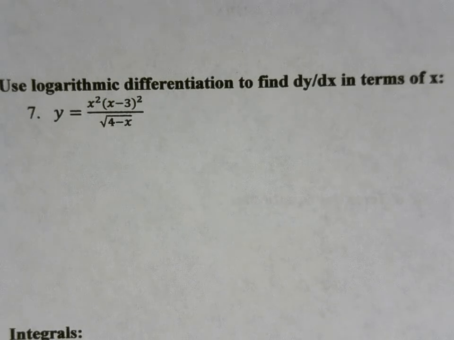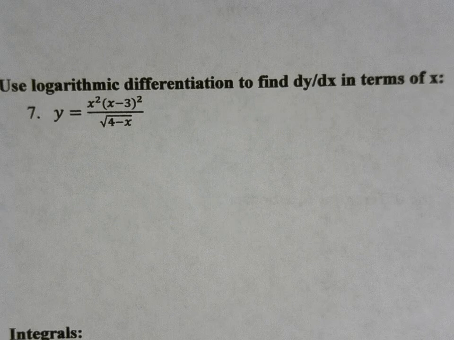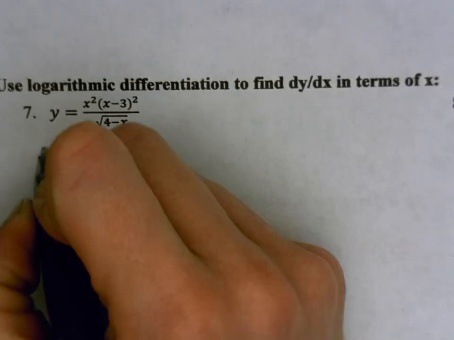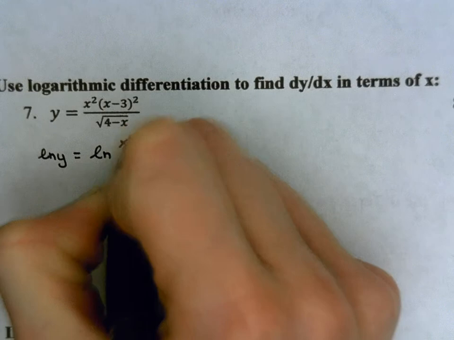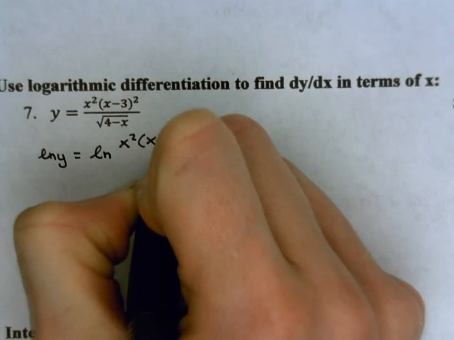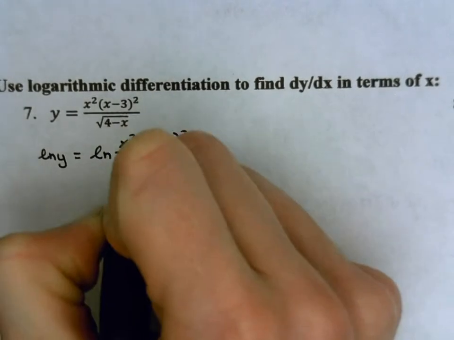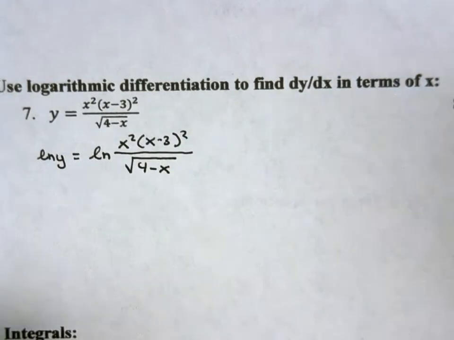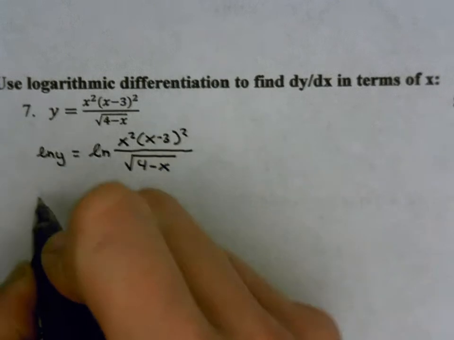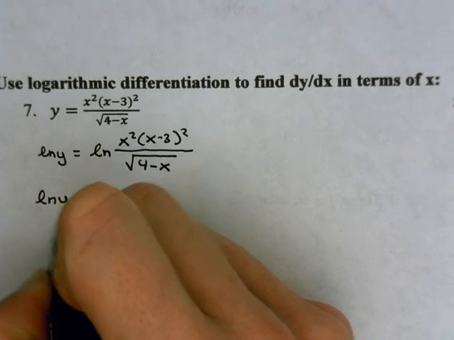For logarithmic differentiation, we start with taking the natural log of both sides. So we have natural log of y equals natural log of x squared, x minus 3 quantity squared, over square root 4 minus x. And then we are going to expand the right side of that equation using our natural log properties.